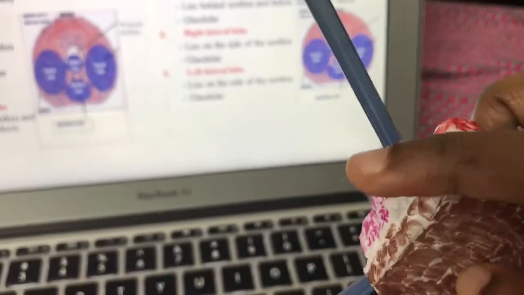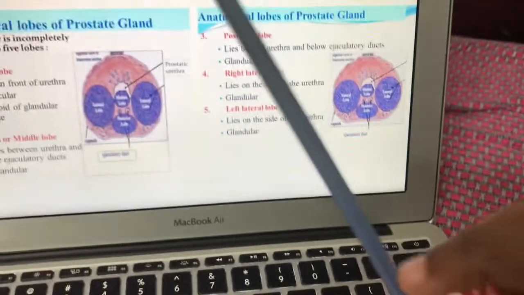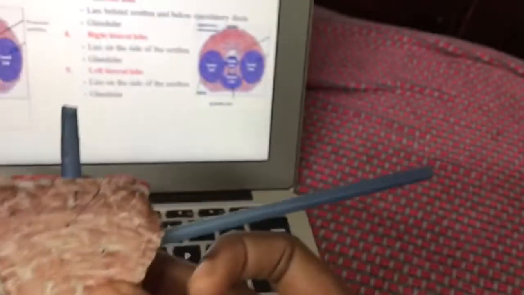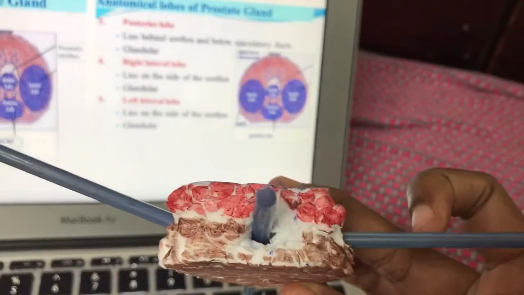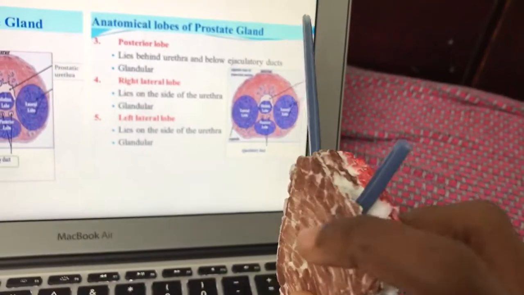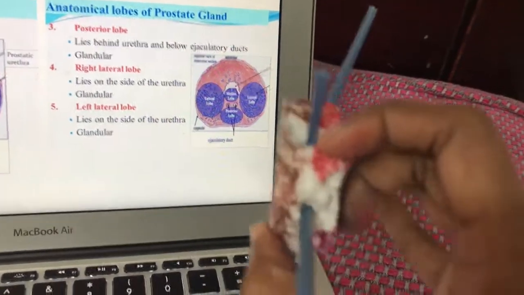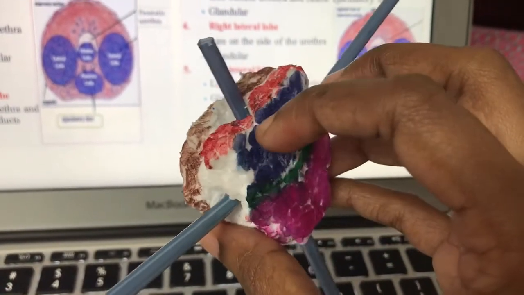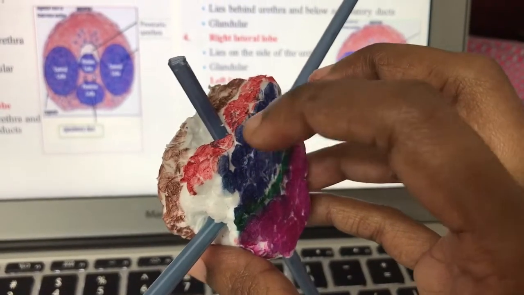So anterior, posterior, and on both sides I have put a probe here. This is the ejaculatory duct of this side, and on this side you will have one more ejaculatory duct. So the 2 ejaculatory ducts open into the prostatic urethra. So first are the anterior and posterior lobes, and the third one, just above the ejaculatory duct openings, is a lobe called the median lobe. Understood?